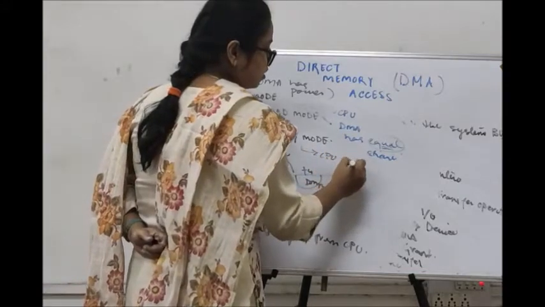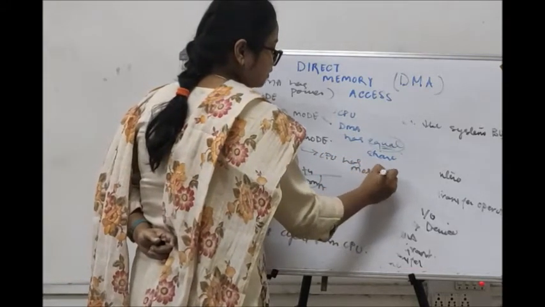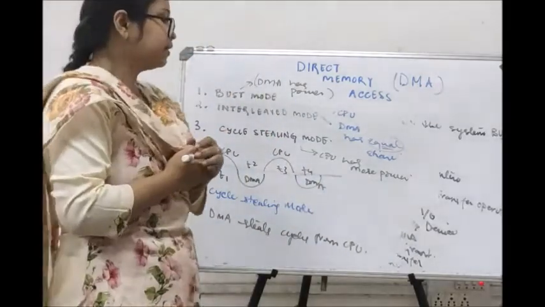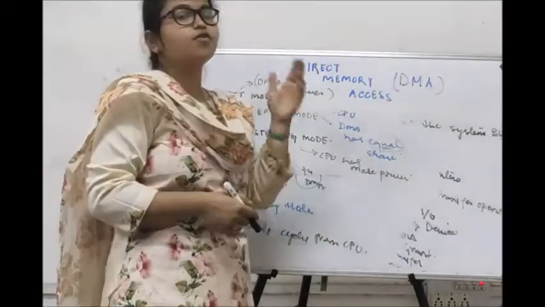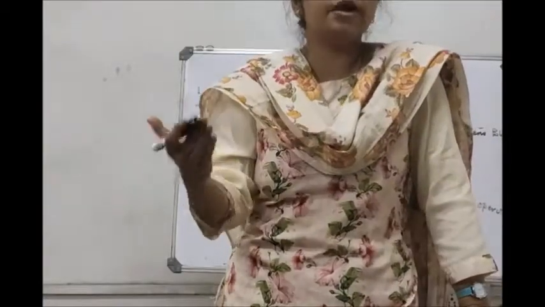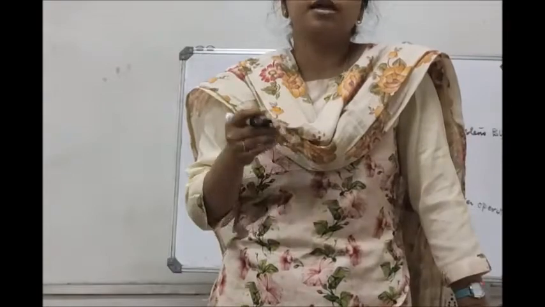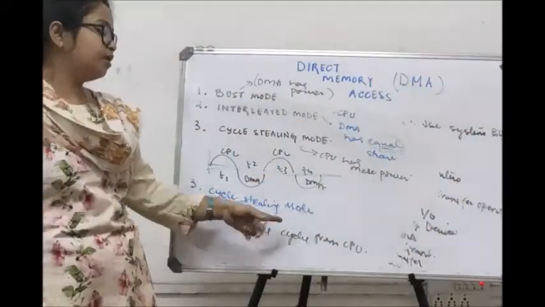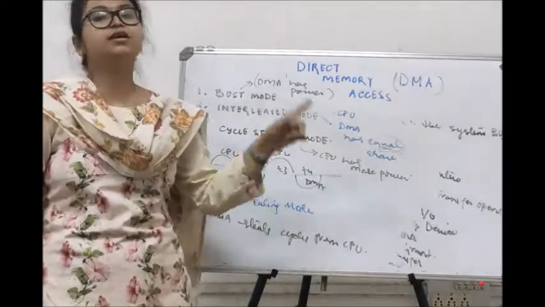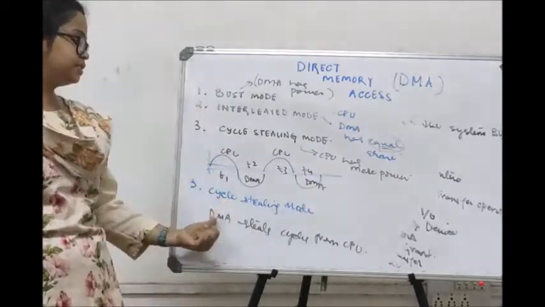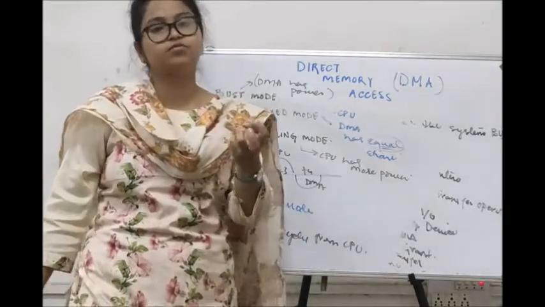Even if the bus has been granted, CPU will give the grant to the DMA only if it is free. If CPU is free, then only DMA can run and make the data transfer happen. Only if CPU is free. That's why we say DMA steals the cycle from CPU.